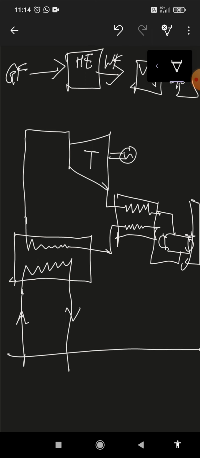So the liquid isobutane turns into superheated vapor, and this superheated vapor is expanded in the turbine. The exhaust vapor from the turbine is cooled in a regenerative heat exchanger and then condensed in the condenser. The condensed liquid isobutane is returned to the primary heat exchanger by way of the regenerative heat exchanger.